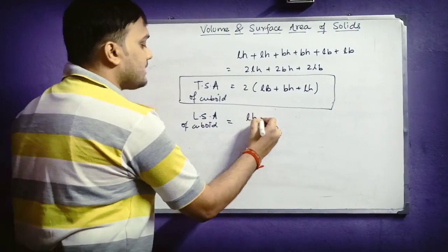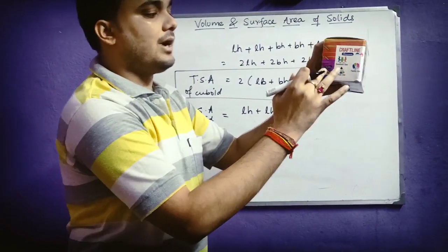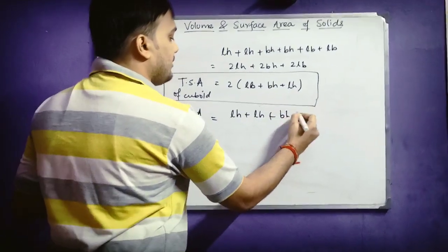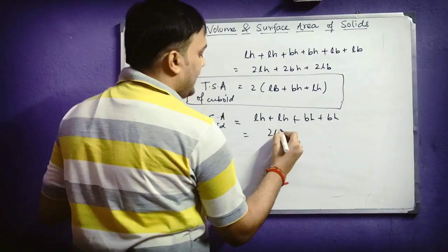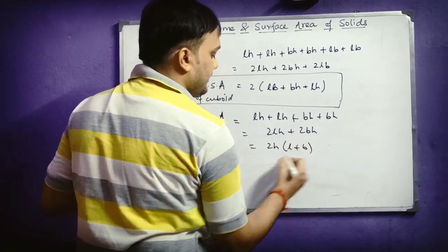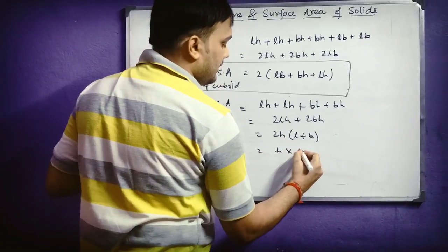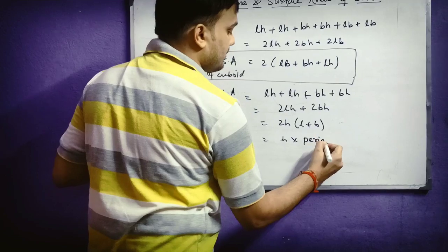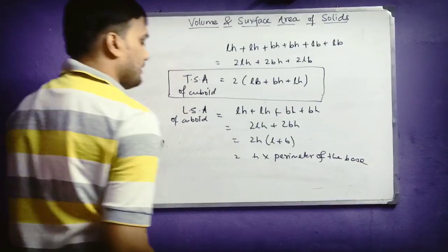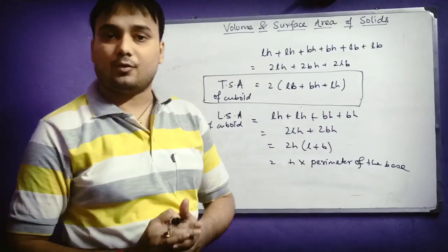So we get LH plus LH plus this is breadth into height, so this is also breadth into height. So these 2 areas are BH plus BH. So we get here 2LH plus 2BH, that means 2H into L plus B. That means H into perimeter of the base. So this is called lateral surface area, that is area of the 4 walls.